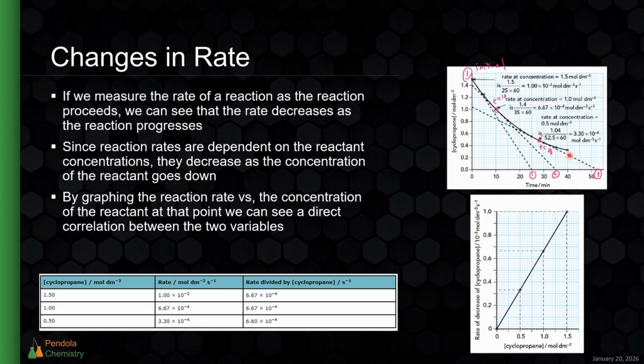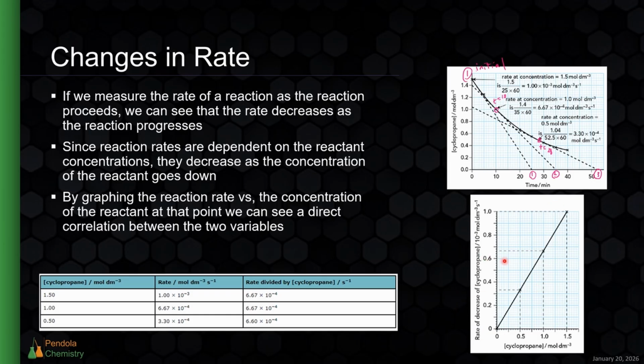Because the reactant concentration goes down, so does the rate of the reaction. By graphing the reaction rate versus the concentration of the reactants, we can see the direct correlation between the two.